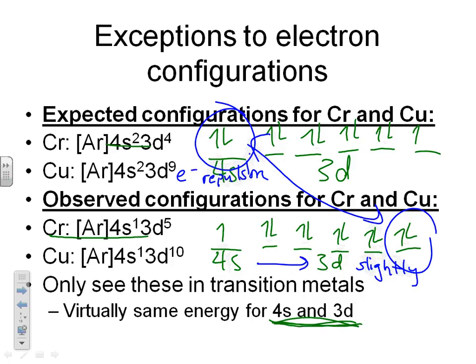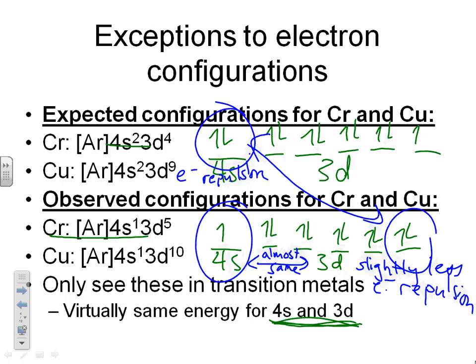And again, considering that these are almost the same in energy, let's have that electron repulsion in the d-shaped orbital rather than the spherical s-shaped orbital. There are theories as to why that is, and that's still being worked out.